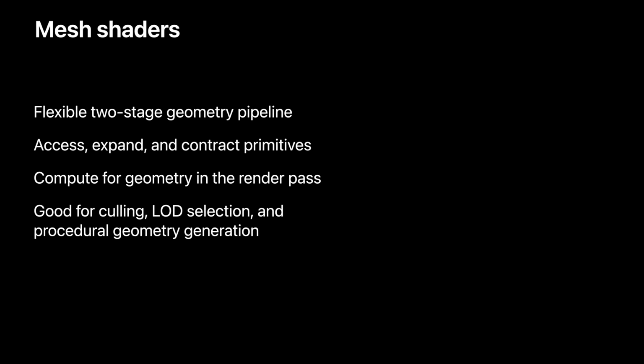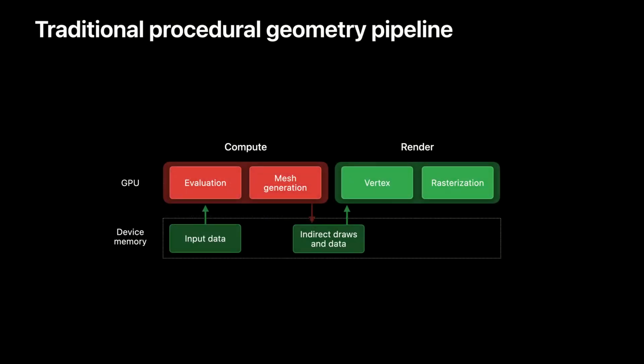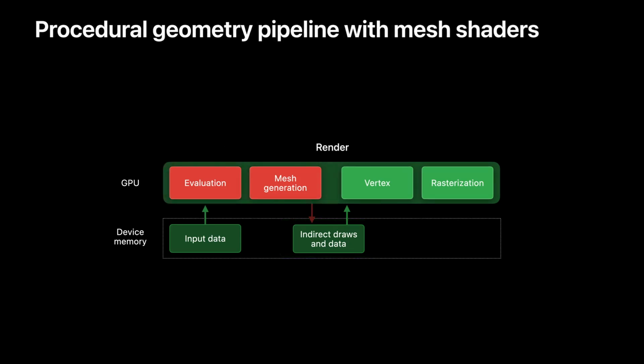Let's take a closer look. In this example, a compute pass evaluates the surface and then generates its geometry. That geometry and its draw commands are then written to device memory for consumption by a later render pass. With high expansion factors and indirect draw calls, it can be hard to predict the amount of memory needed. Mesh shaders improve efficiency by running two compute-like stages in line in the render pipeline.